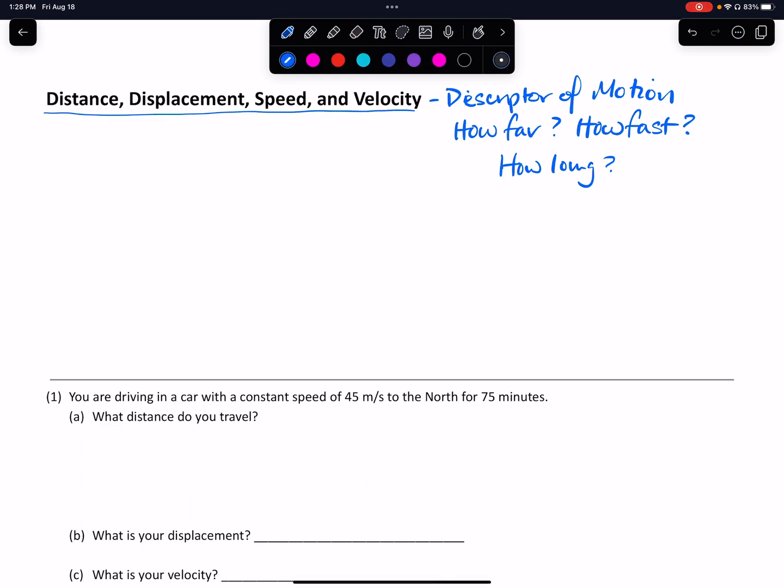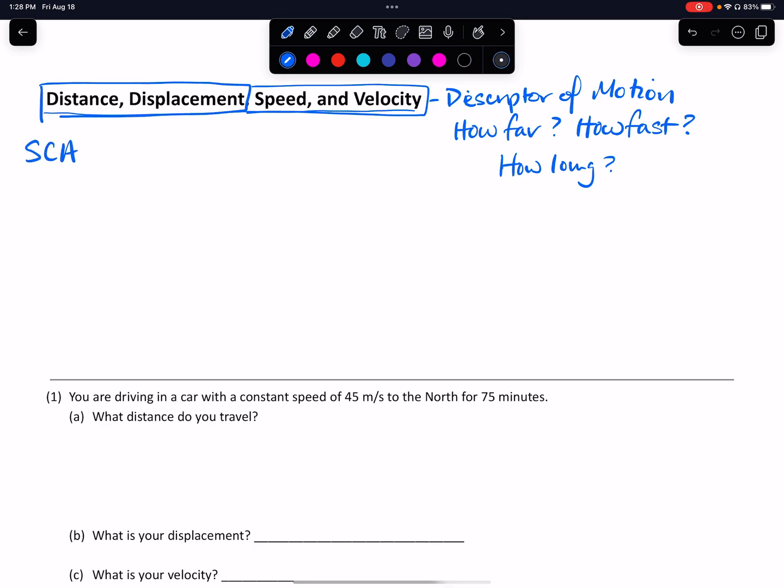All right, so let's start with these four. They can really be broken into two sets: distance and displacement, and then speed and velocity. These terms describe something similar, but they fall into two different types of measurements.